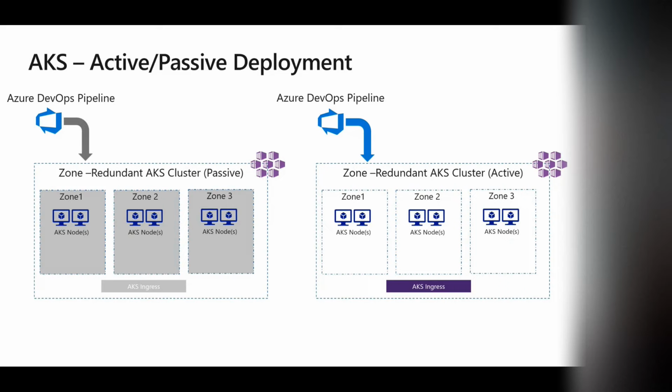And then they have a second region with the basic setup: a virtual network, some basic storage, VNet and NSGs and things like that, which cost very little. Think of it as a hot standby kind of scenario.